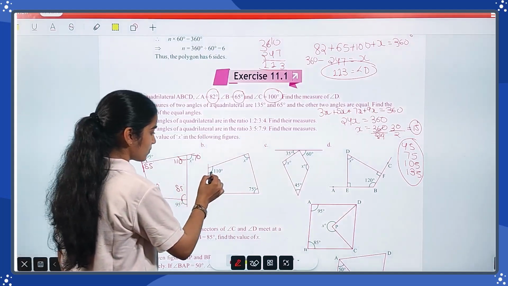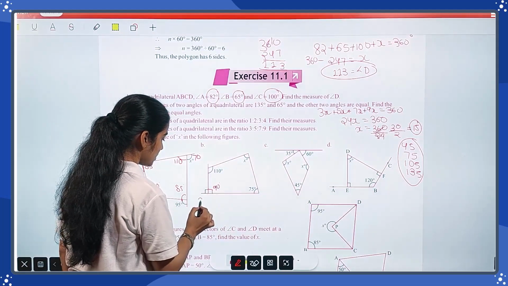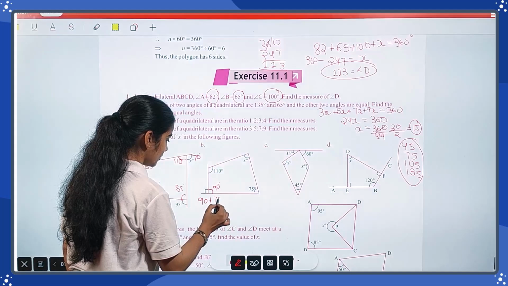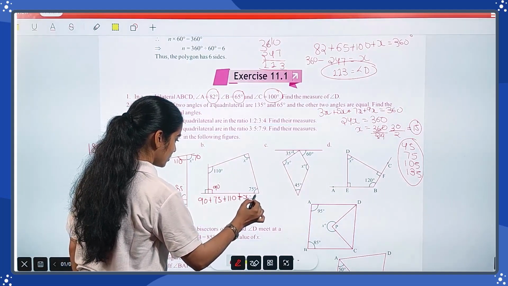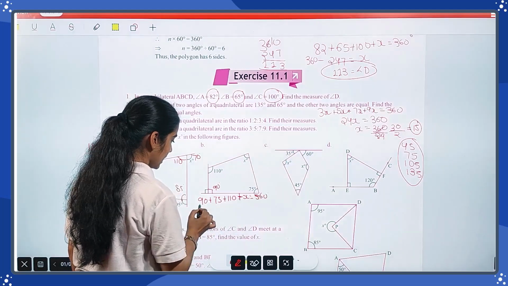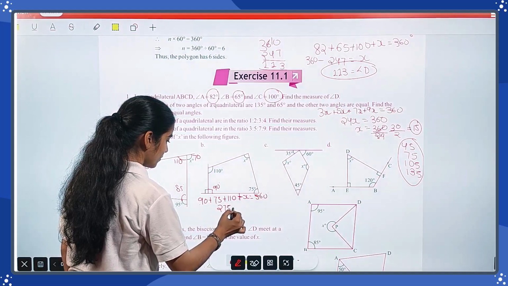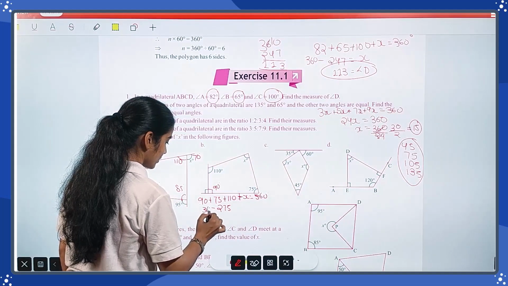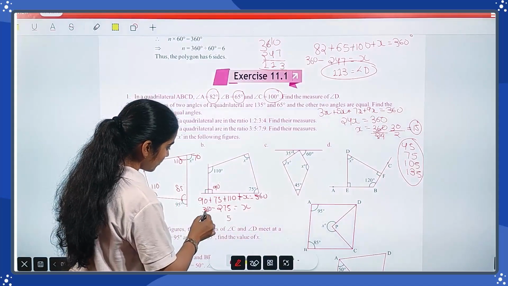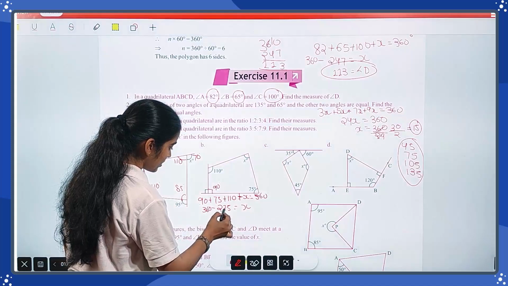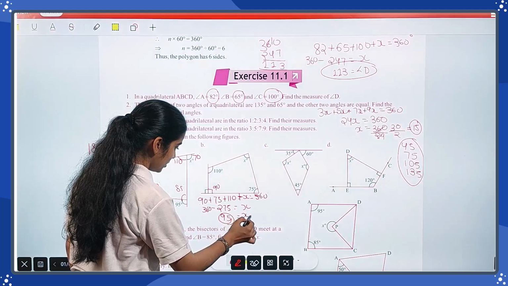In this, if this is 110, this is 75, if this is 90, so this is also 90, means 90 plus 75 plus 110 plus x is equal to 360. 90 plus 110 is 200, 200 plus 75, minus 360 is equal to x. 16 minus 7 is 9 and 95 is your answer for the x.